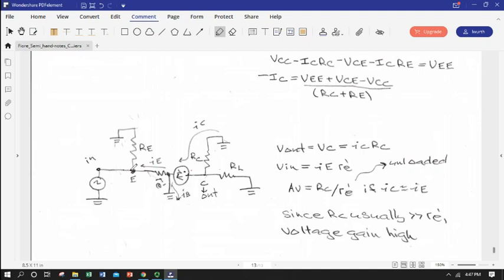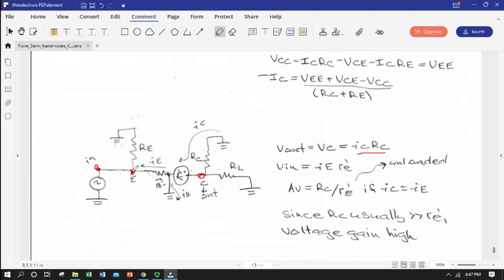And the input will flow in the opposite direction. So our V out is V sub C, and so that's just going to be our collector current times effectively our collector bias resistor. And V in, this point, is equal to V emitter, because they're connected by a wire here.